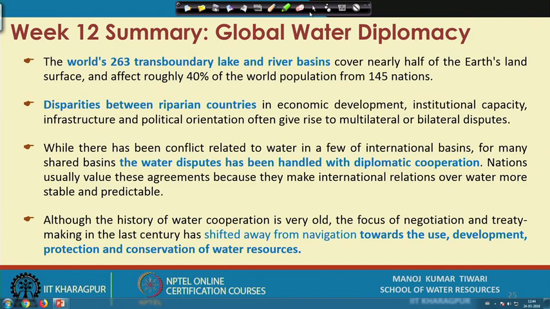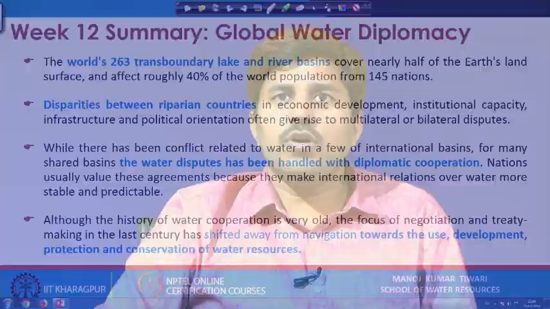water diplomacy, where we saw the status of the world, where roughly 40% of the world population from 145 different nations are dependent on transboundary rivers, lakes and basins.